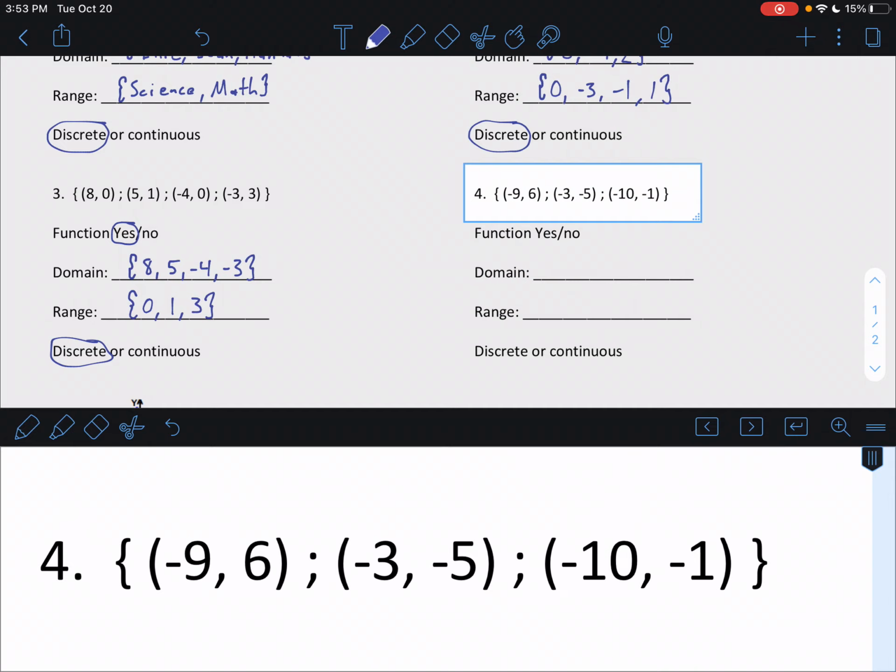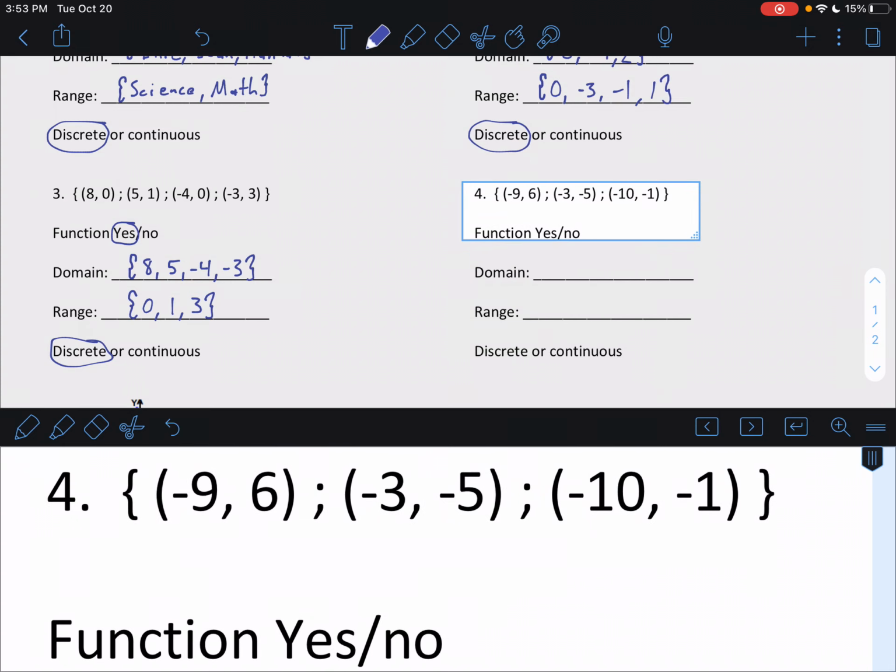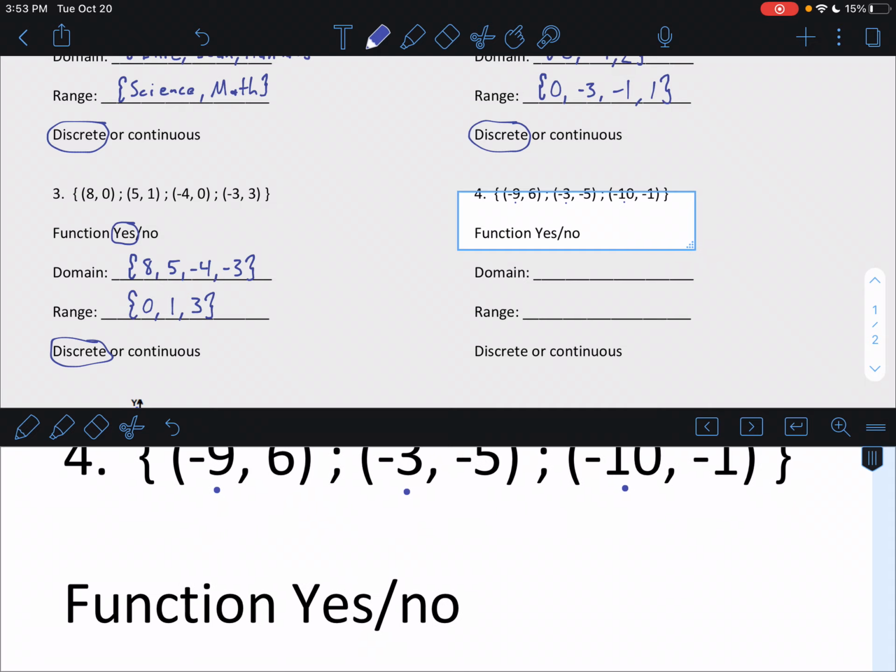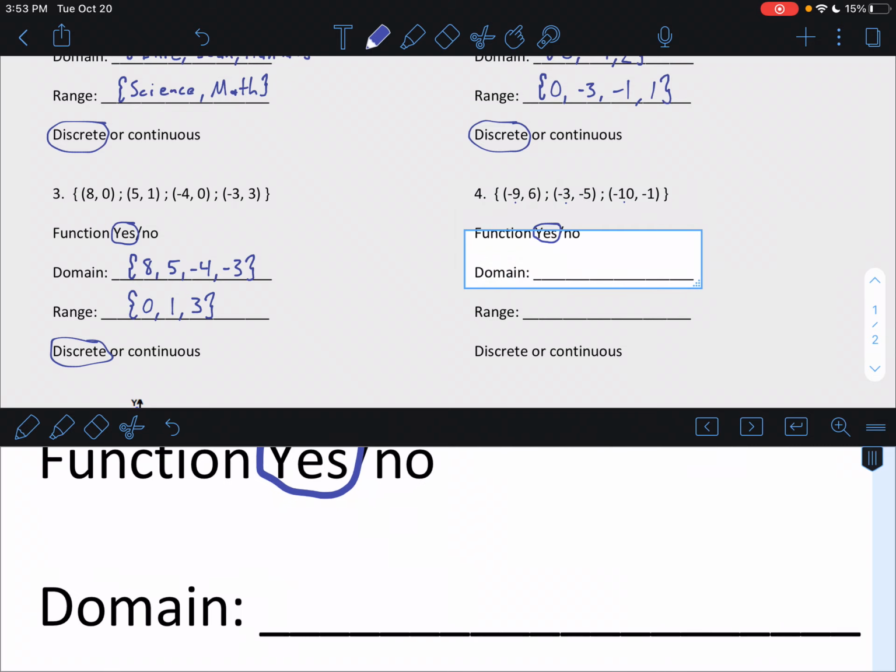Number 4, basically the same thing, just a list of points. My inputs are -9, -3, and -10. Those are all unique inputs, so yes, it's a function. My domain is going to be -9, -3, -10.